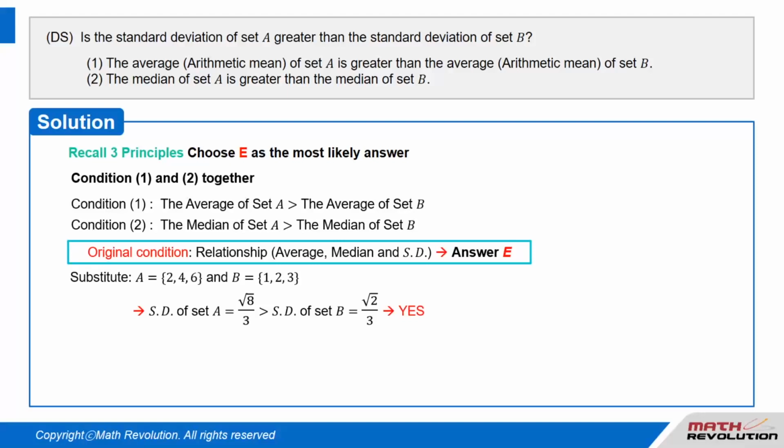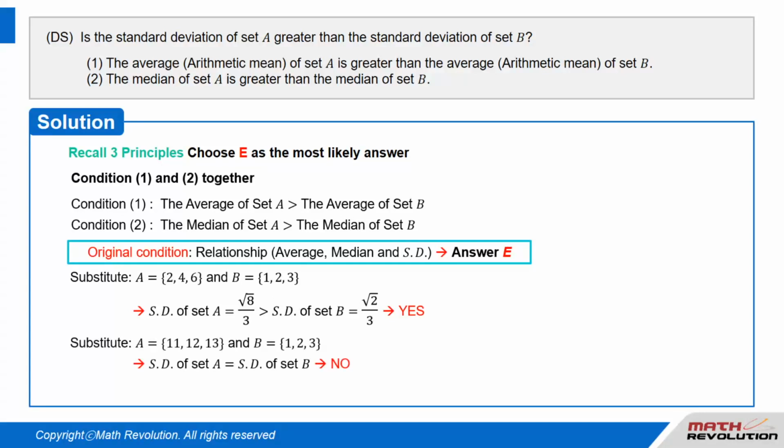Let's substitute set A equals 2, 4, 6, and set B equals 1, 2, 3, which makes the standard deviation of set A square root of 8 over 3, greater than the standard deviation of set B, square root of 2 over 3, and we get yes as an answer.